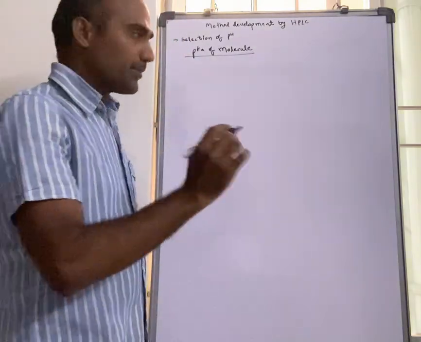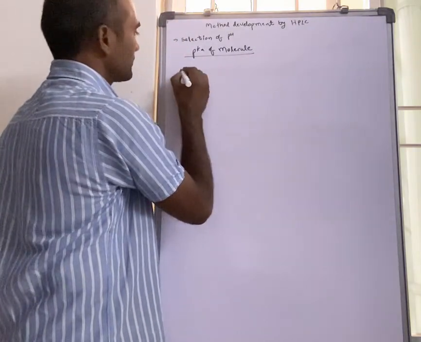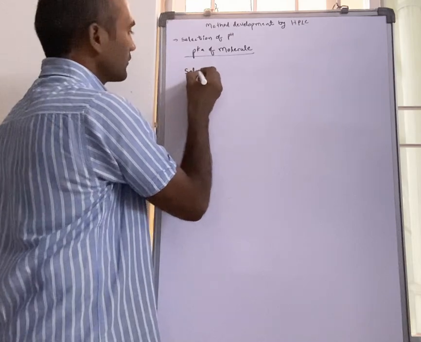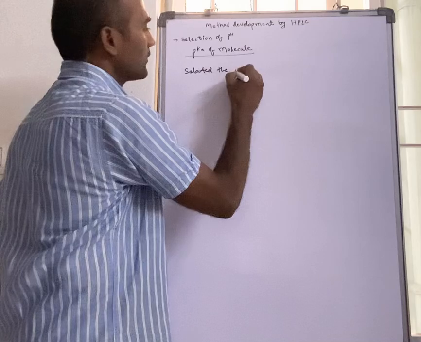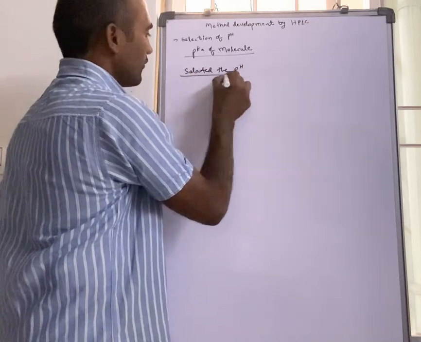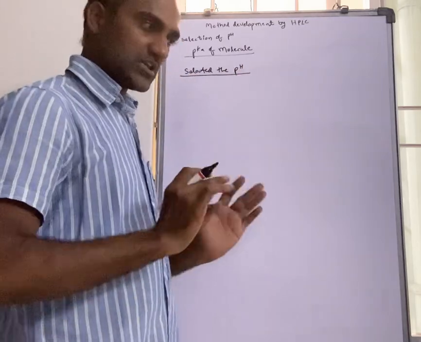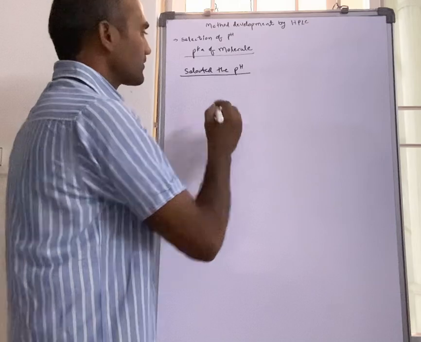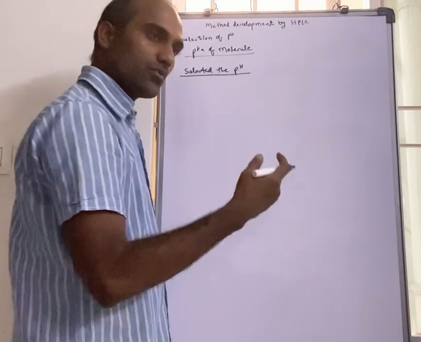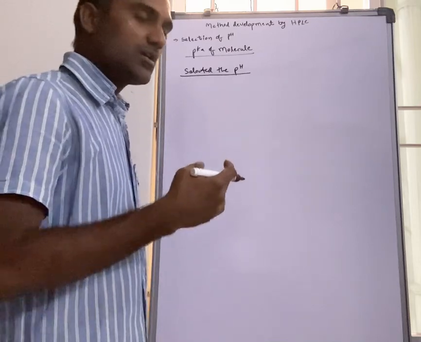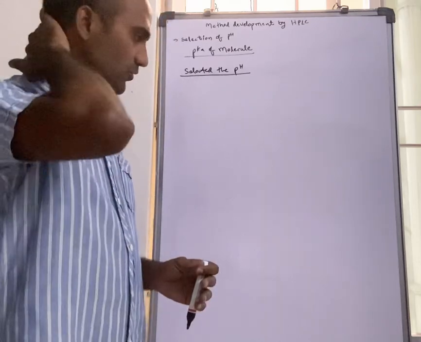Now we have selected the pH for the mobile phase. Which pH do we have to use? Suppose for acidic molecules the pKa is 4. Based on that, we selected the pH of the mobile phase to be 2.